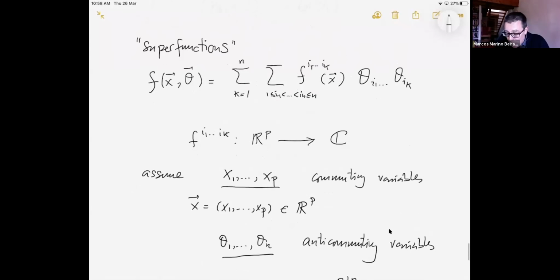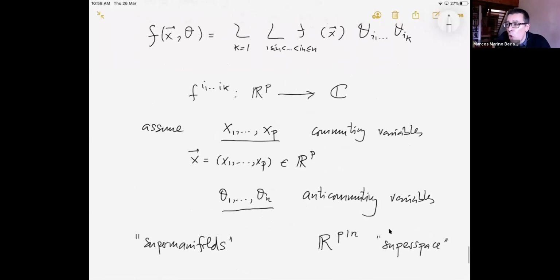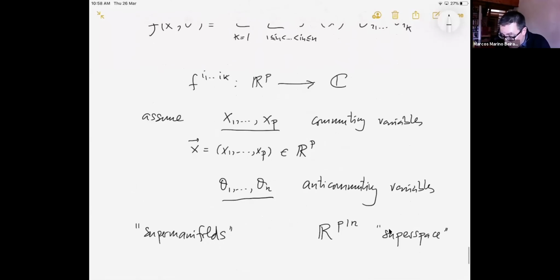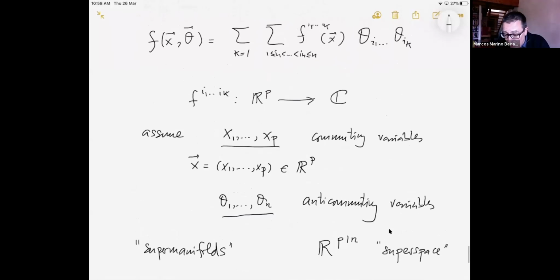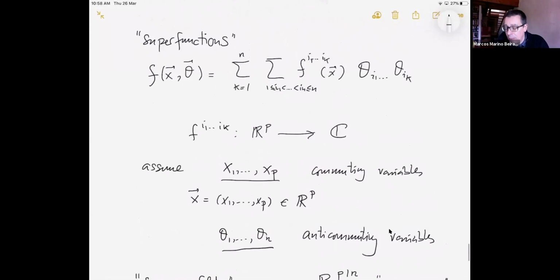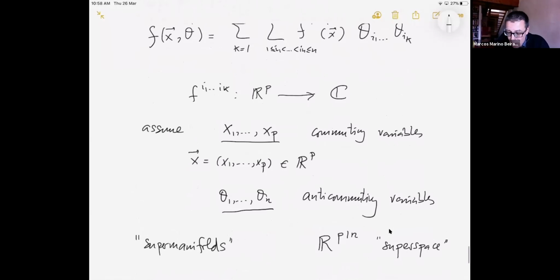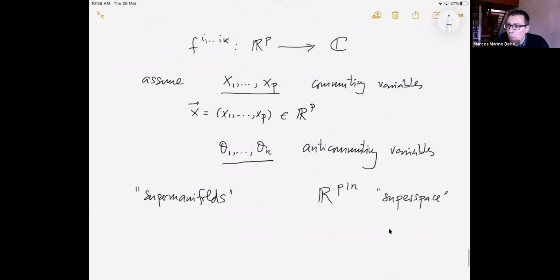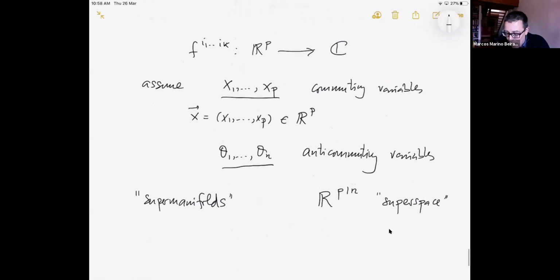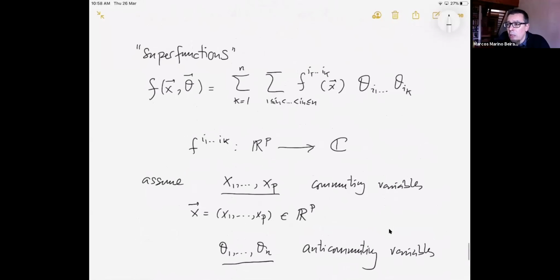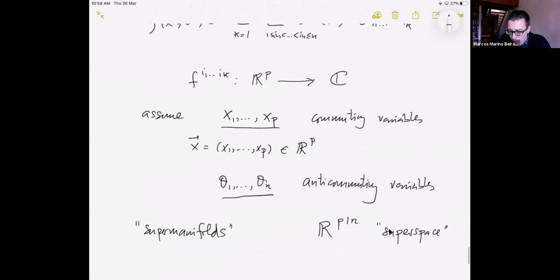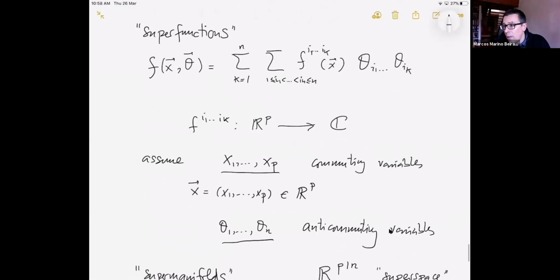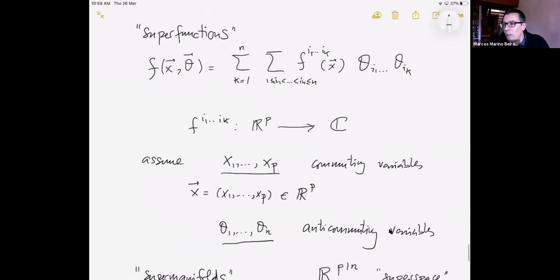A supermanifold means that locally you have a space which looks like R^{p|n}. So locally on patches you can define functions in this way. The notion of supermanifold is simply that you will have local trivializations, and on each local trivialization you will have commuting and anti-commuting variables, and superfunctions of them.